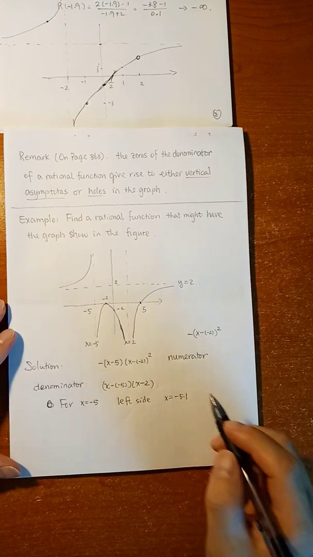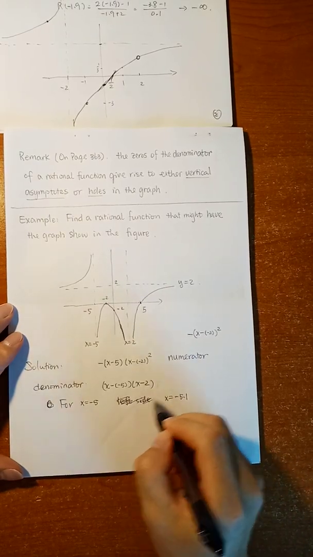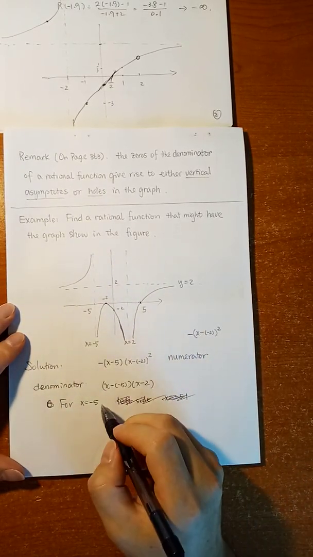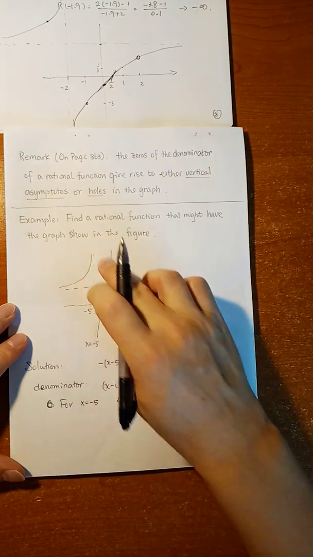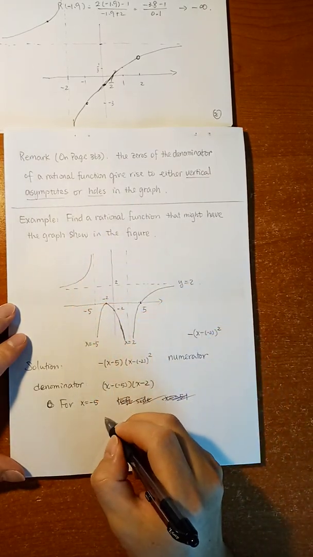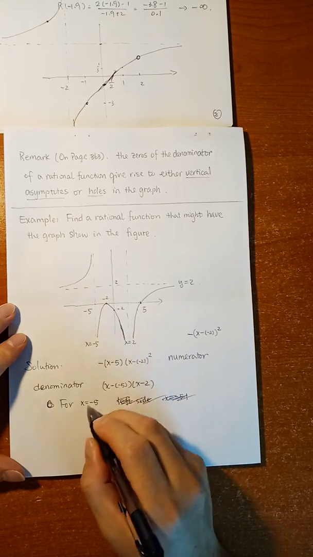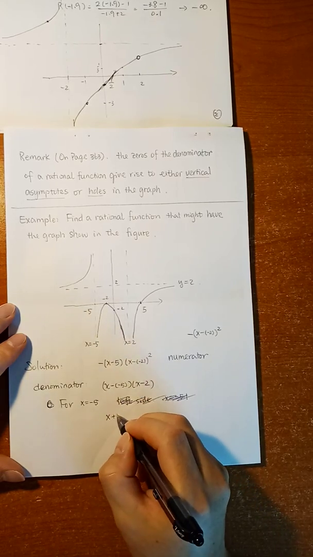It's this way. How do I guarantee you have a positive infinity, negative infinity? For x equal to -5, x minus -5 is x plus 5.